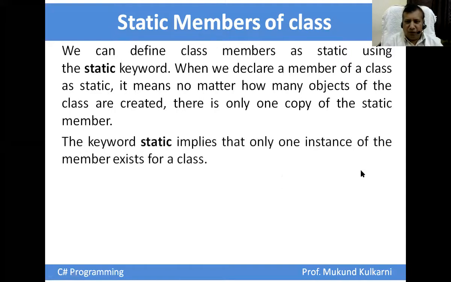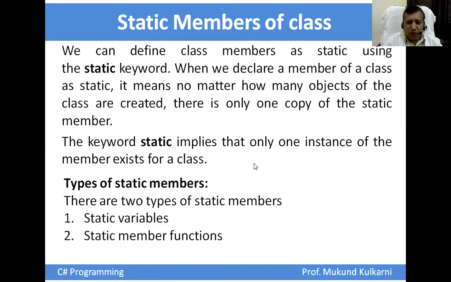So let us go ahead. The keyword static implies that only one instance of the member exists for a class. There are two types of static members.